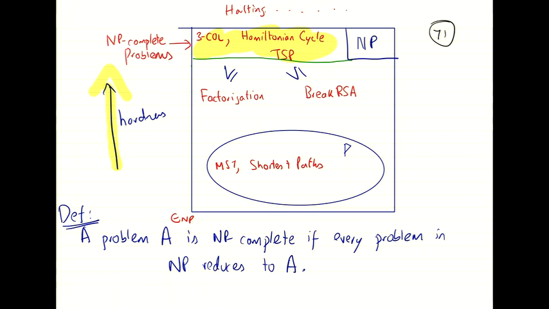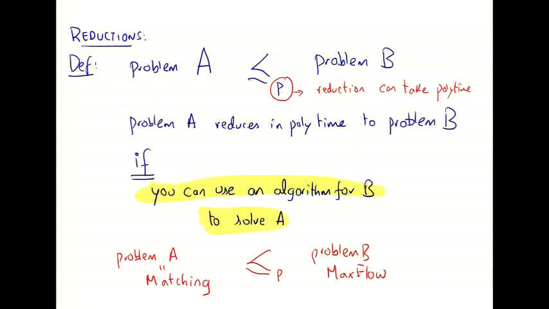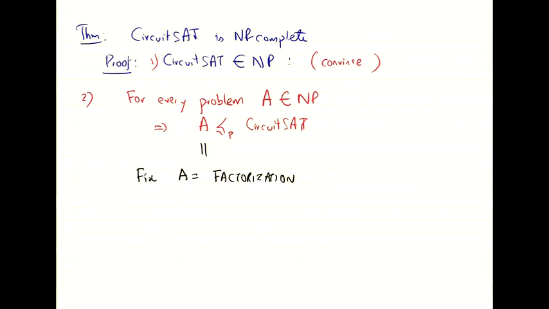So the problems marked in yellow there, 3 coloring, Hamiltonian cycle, TSP, I claim these problems are NP complete, meaning every problem in NP reduces to those problems. Okay? And what we did last class was we actually proved that circuit SAT is NP complete.